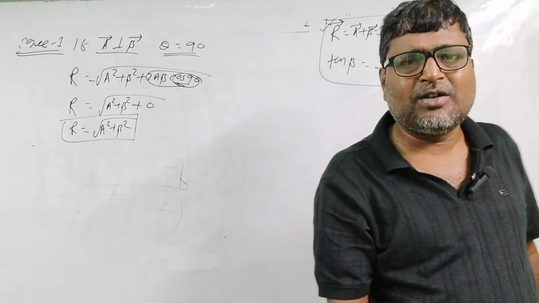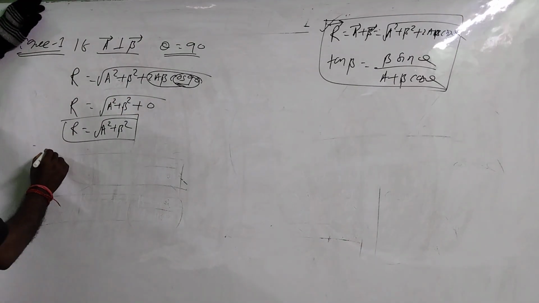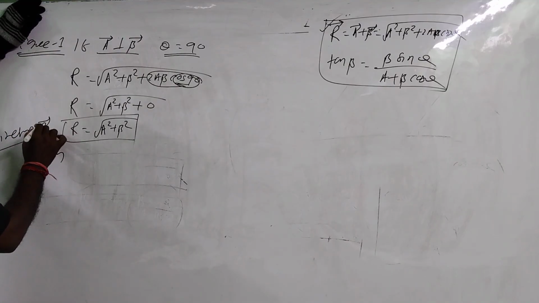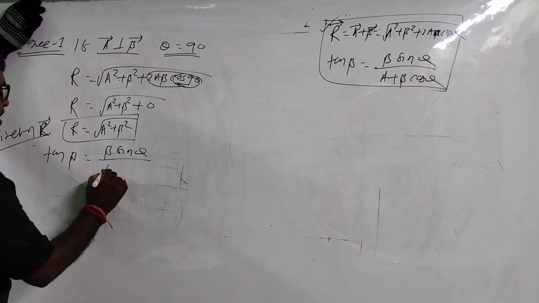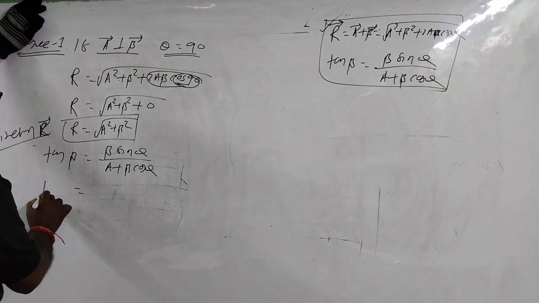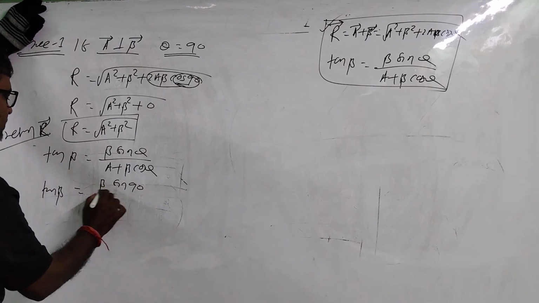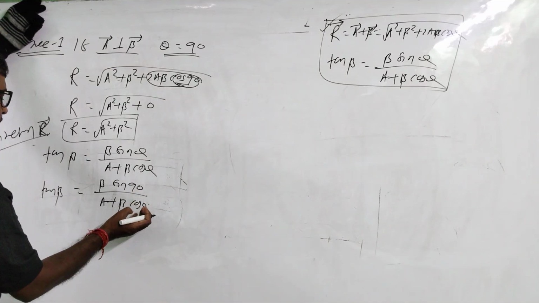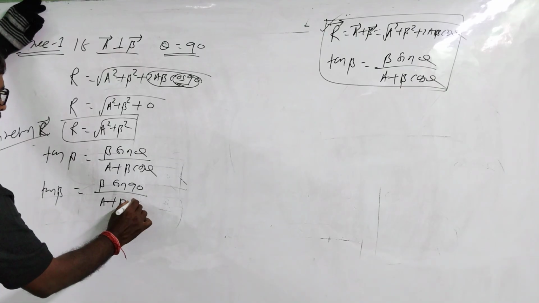In this case, what will the direction be? Direction of R: tan beta equals B sin theta by A plus B cos theta. We need this everywhere. So tan beta equals B sin 90 by A plus B cos 90.